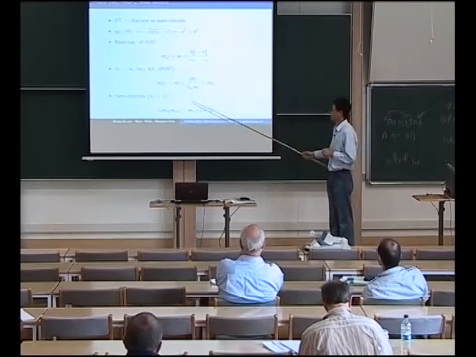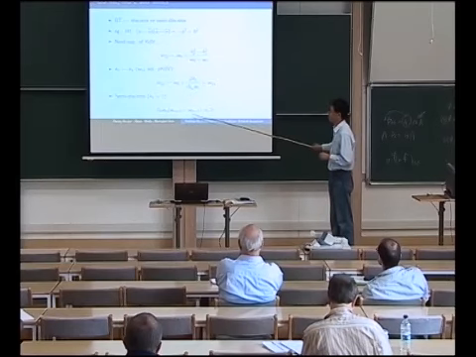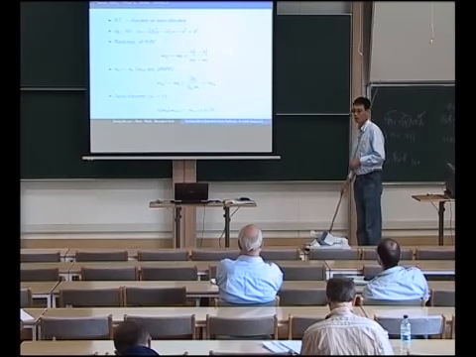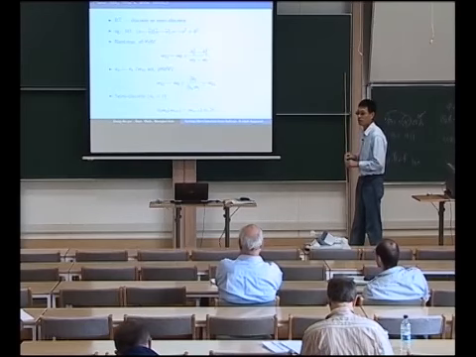Because from here, W0 is independent of K. So that means here it is independent of K, or it is independent of T here. W1 will be dependent.